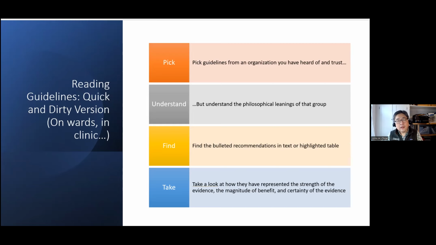And then once you get to that part of that section, take a couple moments, look at how they represented the strength of the evidence, the magnitude of benefit, and the certainty of the evidence. A good clinical practice guideline should tell you a little bit, whether it's in words, in text, or with a code, like a letter code or a number code or something like that. It should tell you something about what they think about the strength of that guideline.